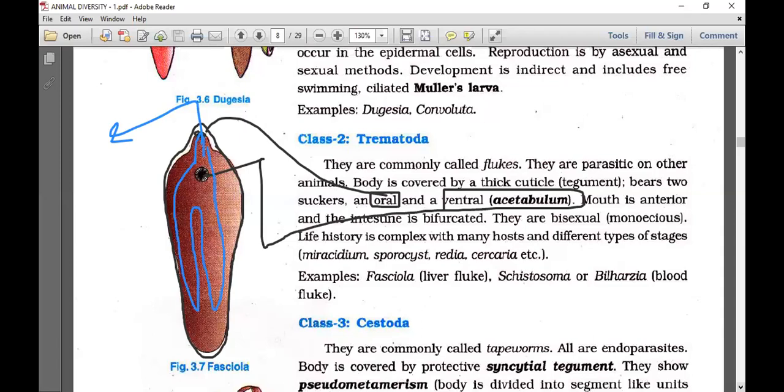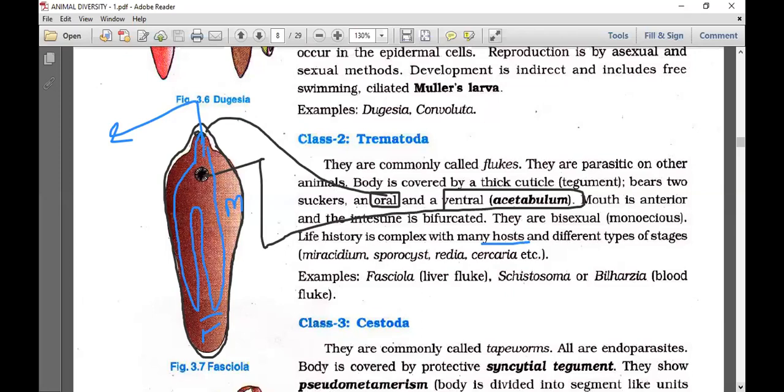Bisexual, that means male and female reproductive systems are present in the same animal. Life history is complex with many hosts. As I said, in Fasciola hepatica, sheep and snail are the hosts. In Paragonimus, a lung fluke, just for general knowledge, human is the host, and snail and crab, so three hosts are present.